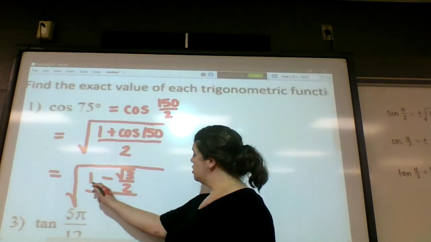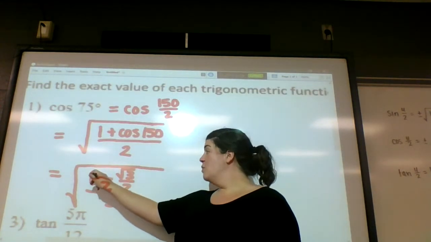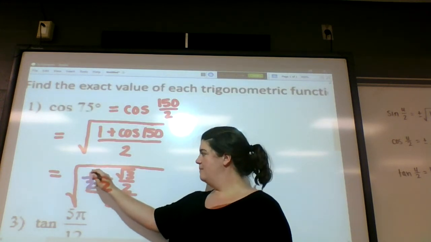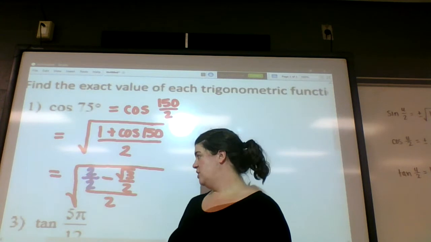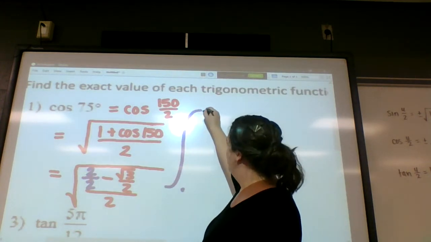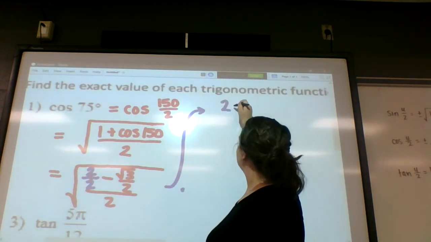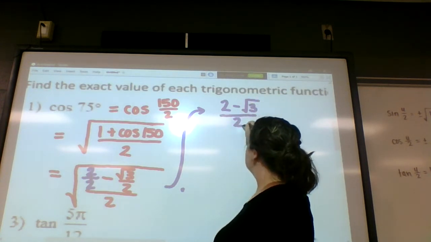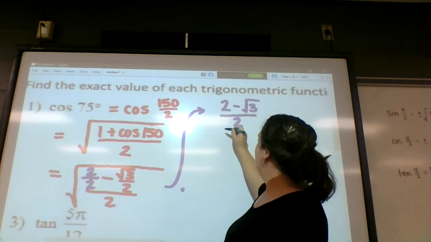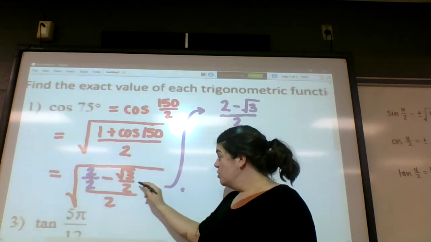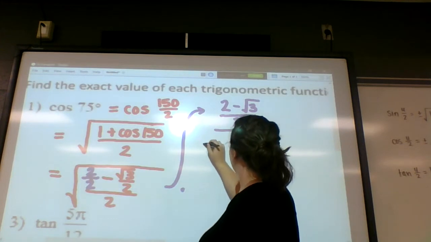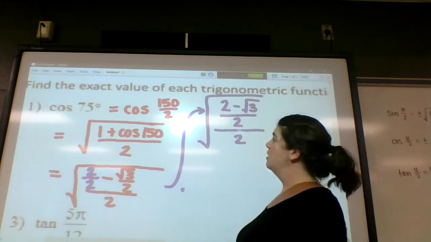So in just the numerator, I need to change the 1 so it's something over 2. What over 2 is the same as 1? 2 over 2. Then we can put that together: 2 minus the square root of 3 all over 2. That is just the numerator here, and that's still all over 2, and that is still in a square root.